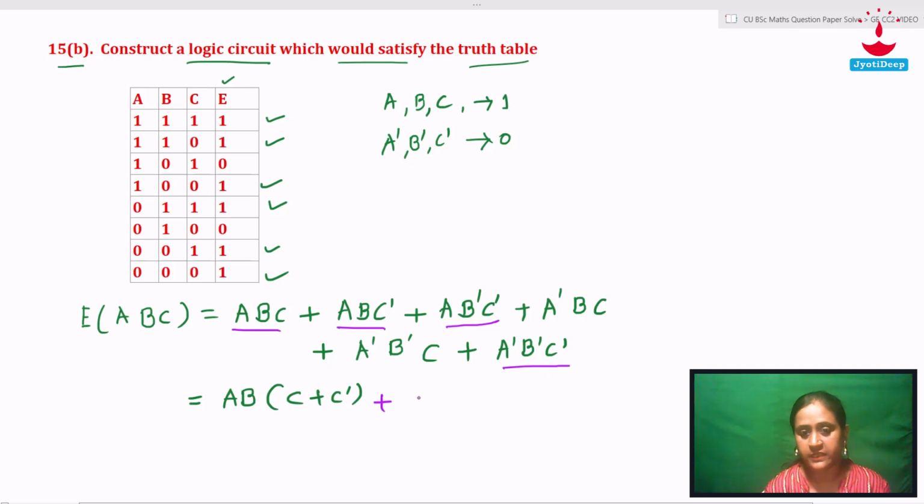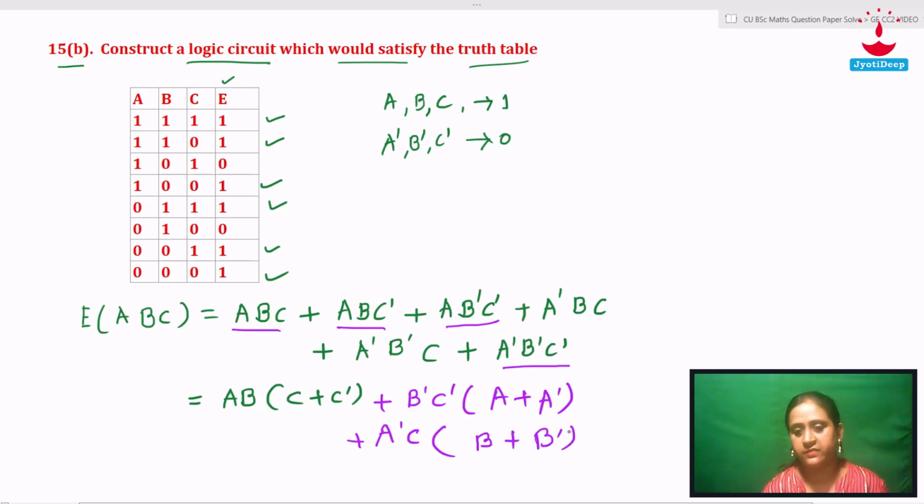So we are going to take common B dash C dash from these two, so it will be A plus A dash. Now the rest is this one, A dash BC plus A dash B dash C. From here we can take common A dash C, so it will be B plus B dash.